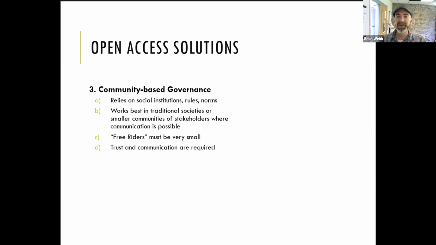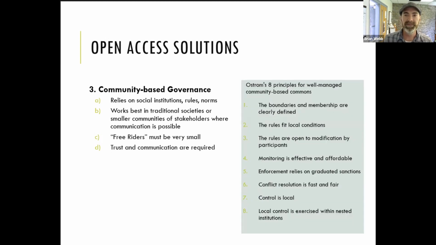The only way that community-based governance works is if there's trust between the mutual users and communication between the mutual users of that resource. That's why this only works on smaller scale systems. You don't see this working on larger scale systems because you don't have the kind of trust and communication that are required to make it work.